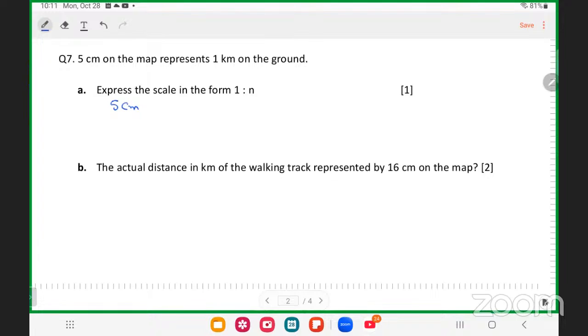Five centimeter is equal to 1 kilometer, which is 100,000 centimeters. 1 centimeter is 100,000 divided by 5 centimeters. So 1 is to 20,000 in the form of 1 is to n.